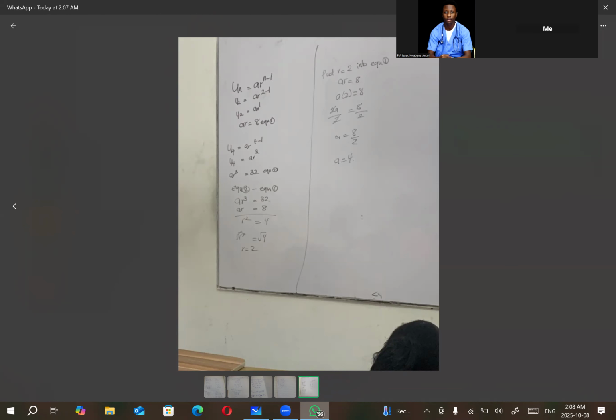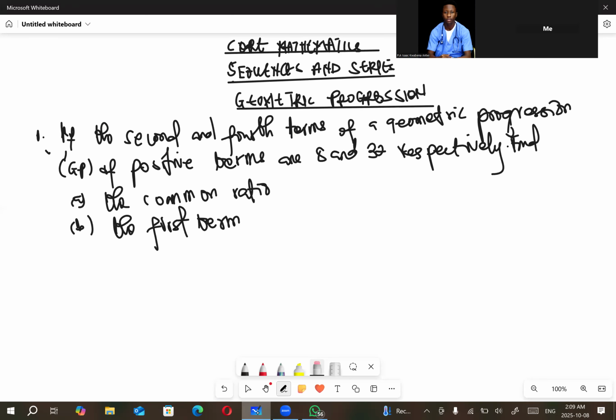Wherever you see n you put 2 there because it says second term. So you have U2 to be AR exponent 1. And in the question, the second term is 8. Second and fourth term is 8 and 32 respectively, which means the one you said first, which is second, goes for 8, and fourth goes for 32.